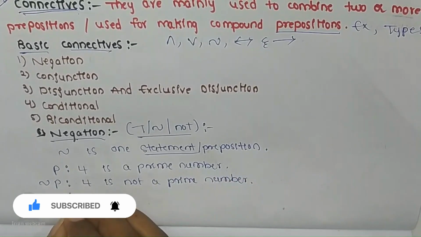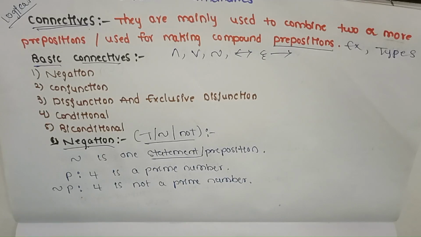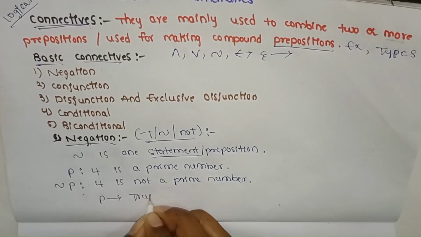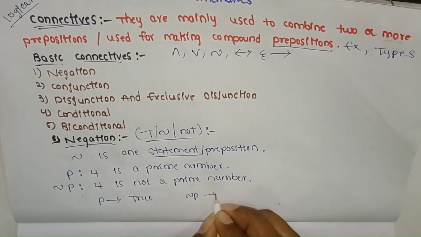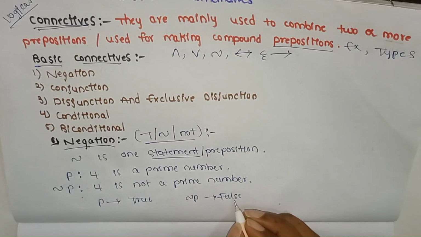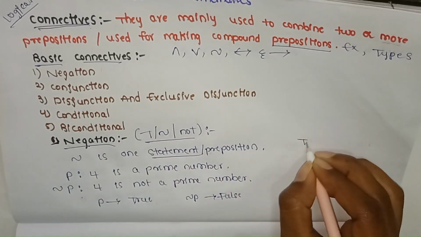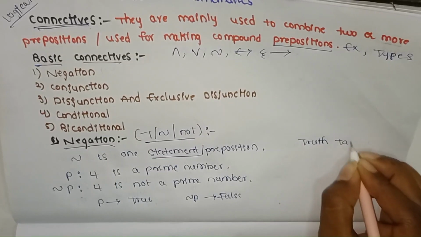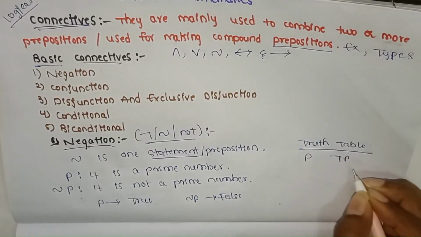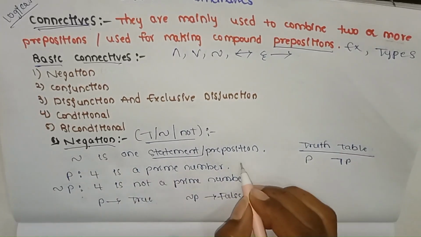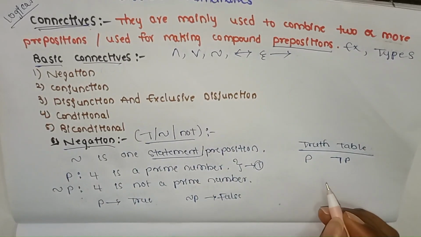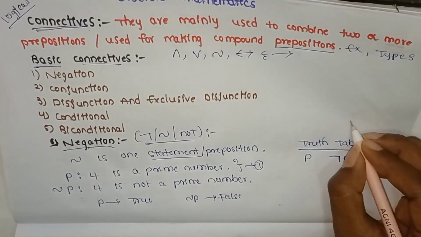It means if P is true, then the negation of P is false and vice versa. Let us construct the truth table for the negation. The truth table of negation has columns P and negation P. Here we have only one statement, so the total number of possible truth values is 2 power n.